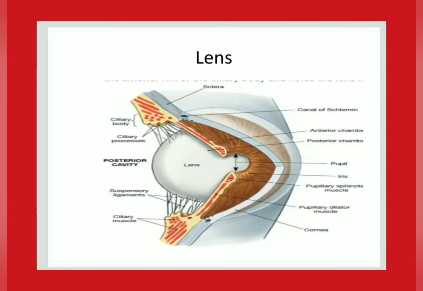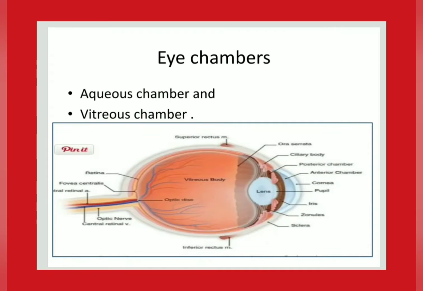The lens is divided on the posterior and anterior sides into chambers: posterior to the lens and anterior to the lens. What are those actually? The aqueous chamber and the vitreous chamber. The aqueous chamber is at the anterior position of the lens, as you can see here, and posterior to the lens is the complete space we call the vitreous chamber.